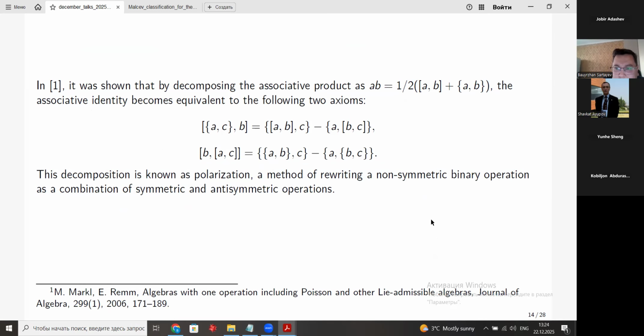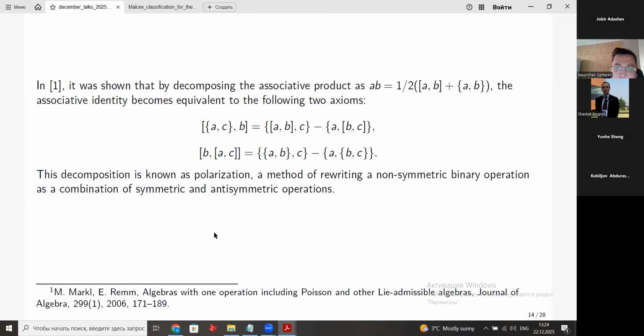So what is the main idea of polarization? Polarization is the method of writing a non-symmetric binary operation, like the associative product, as a linear combination of symmetric and anti-symmetric operations. And so this associative identity is equivalent to these two axioms.